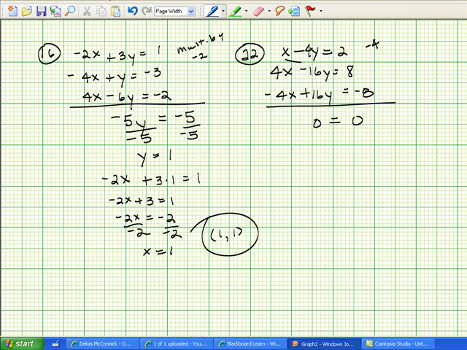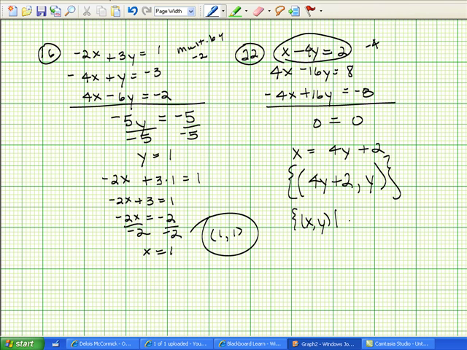What we do is we put the x in terms of y and the y as itself, and put it in braces. We could also say the set of all x, y such that x minus 4y equals 2. The book does it this way, so I'm assuming that my math lab also will do it that way.